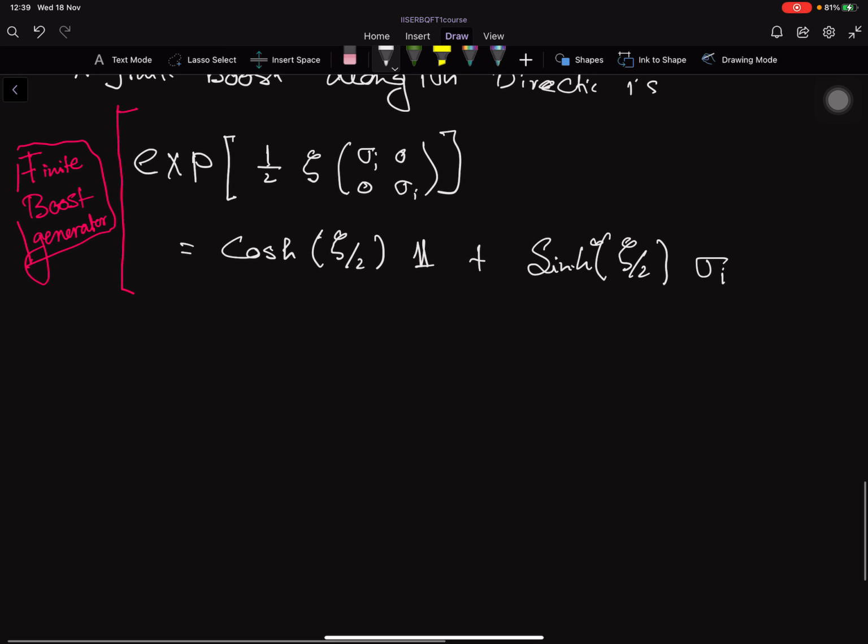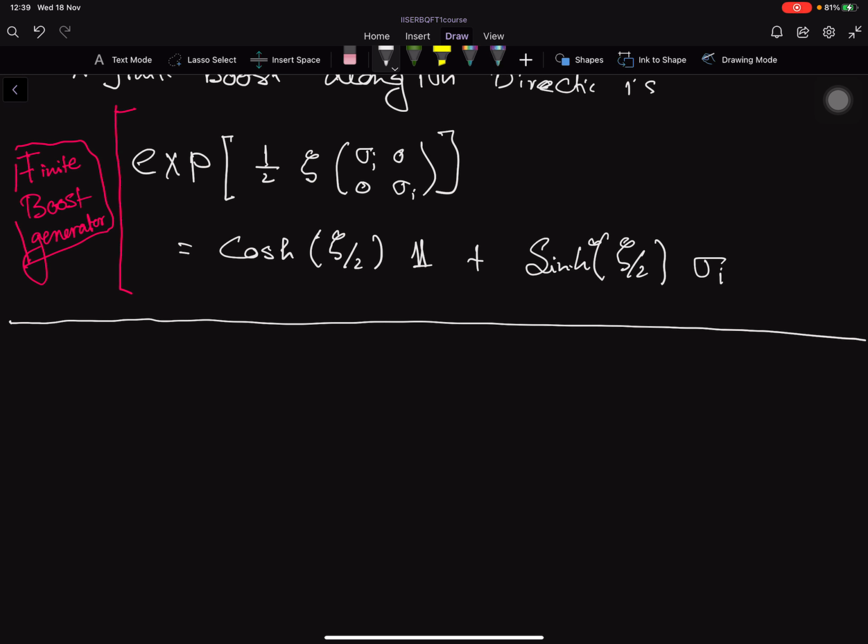Now we'll briefly discuss the discrete symmetries again, in the 4-component notation.